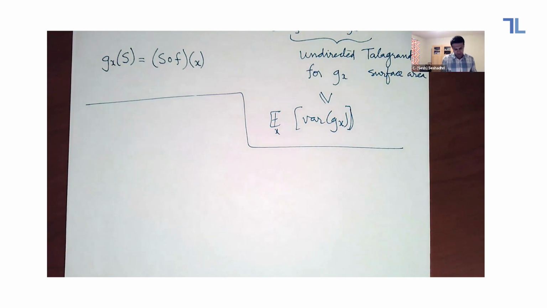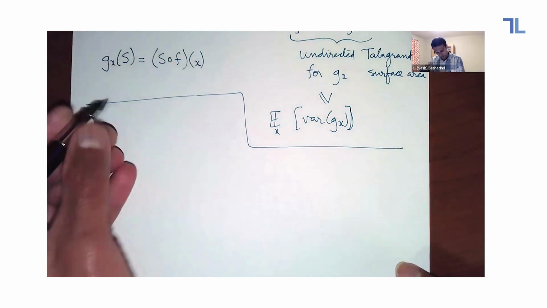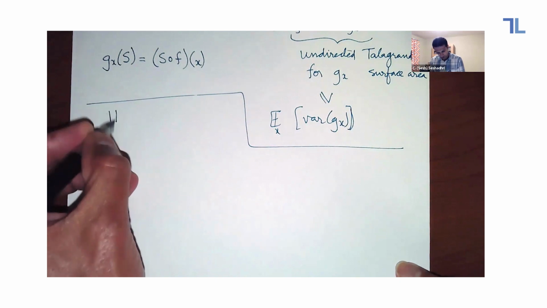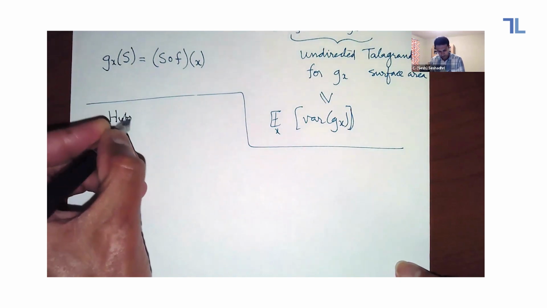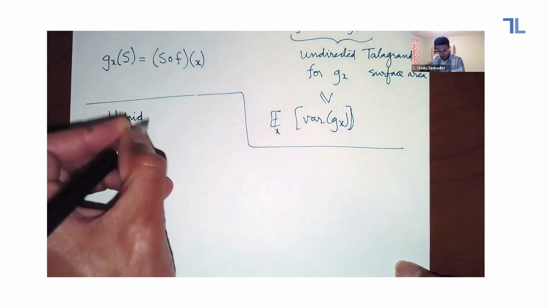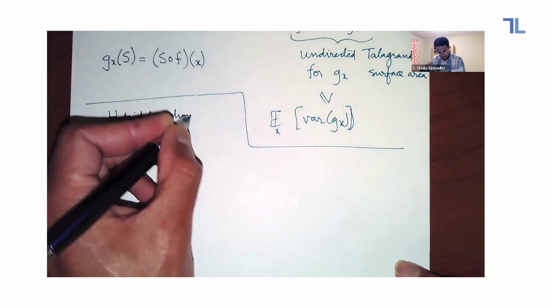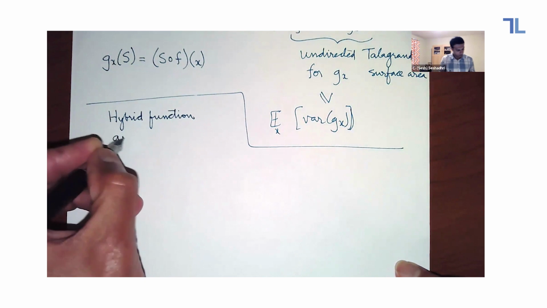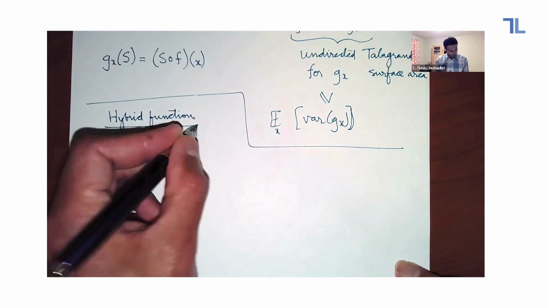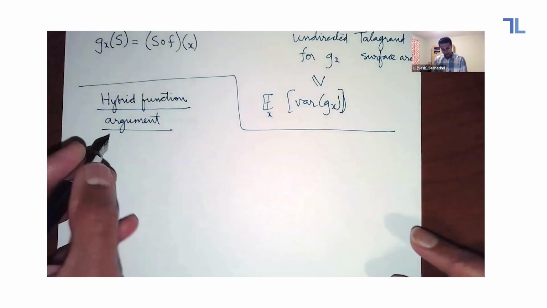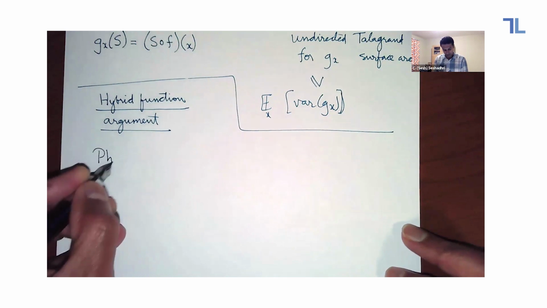Essentially the argument is what we will call the hybrid function argument. The way the hybrid function argument works is that it's going to go in phases.